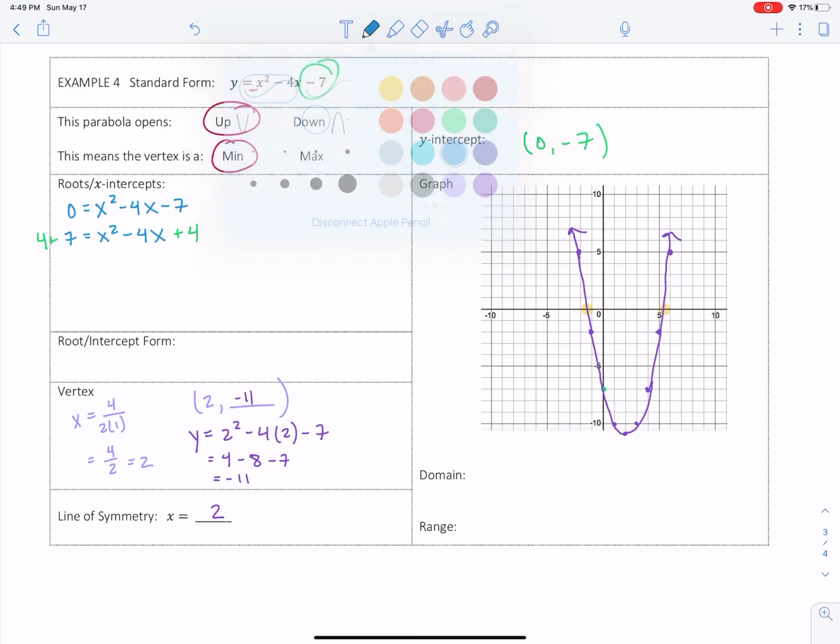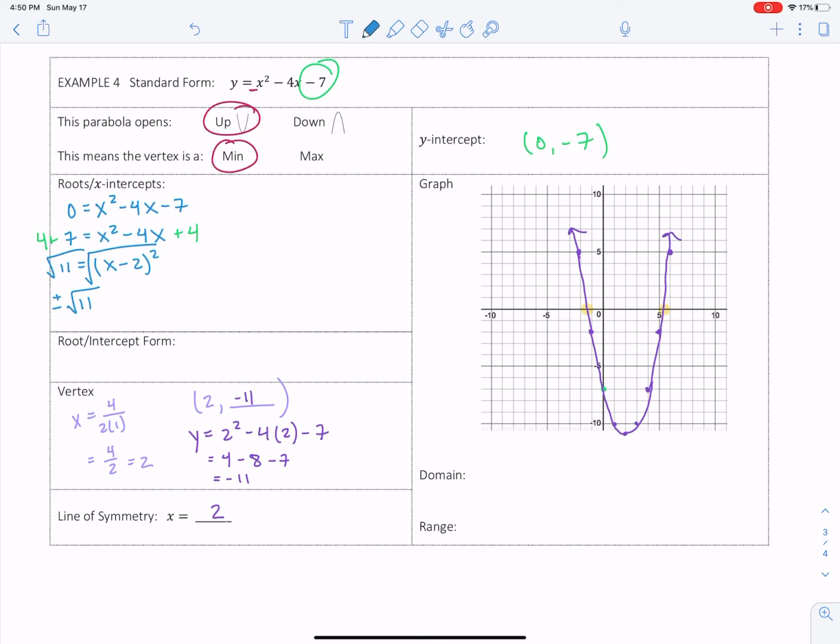I'm going to simplify and factor here, so this is 11 is equal to x minus 2 squared. Okay, and then if we take our square roots, we get the positive negative square root of 11 is equal to x minus 2, add 2, meaning that x is equal to 2 plus or minus the square root of 11.